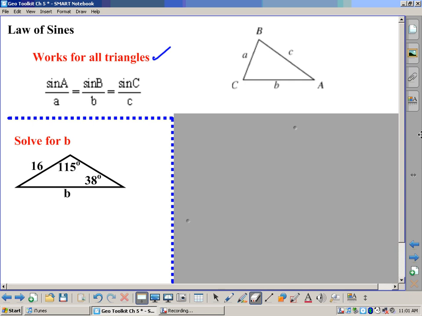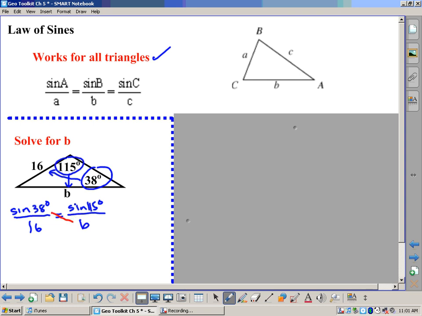So what we have here is an angle, and we have the side opposite it, which is 16. So we can say sine of 38 degrees over 16 will equal, and then if we look at this angle here, 115, and the side opposite, we would say sine of 115 degrees over B. And from this here, we can cross multiply.